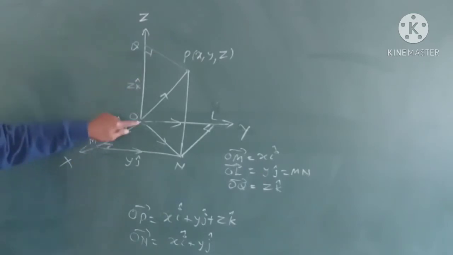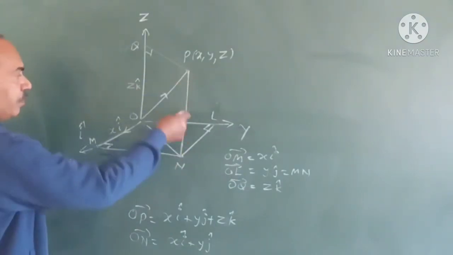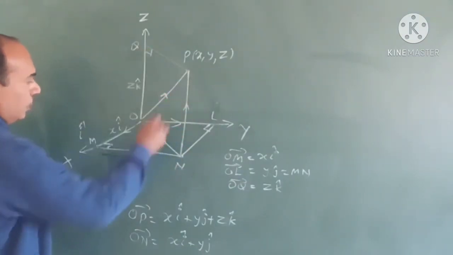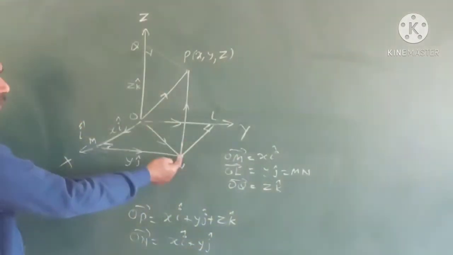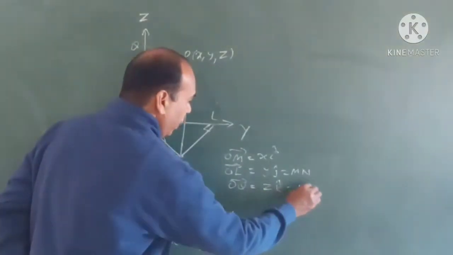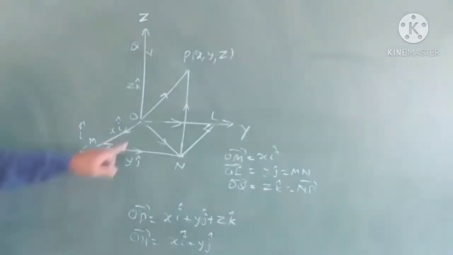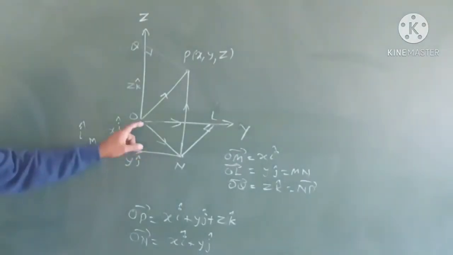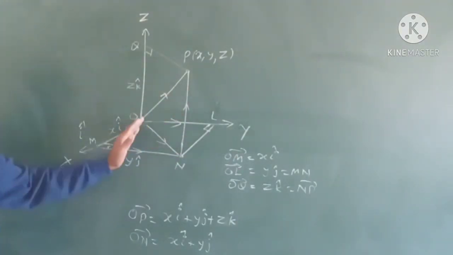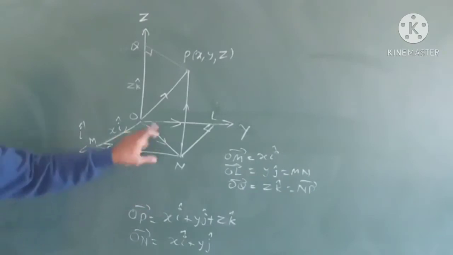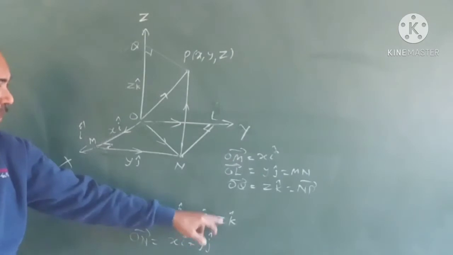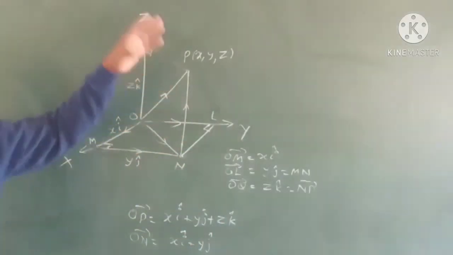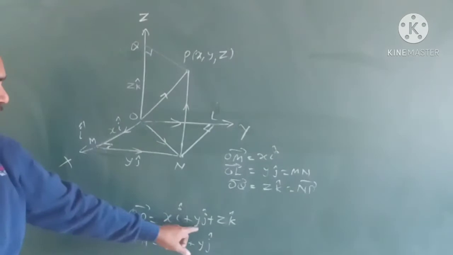And OQ is equal to PN; OQ and PN are both equal, so NP is also z k cap. Focus on this triangle: ON plus NP is equal to OP. So OP is equal to x i plus y j, and NP is z k. So the position vector of any point P in space is x i plus y j plus z k.